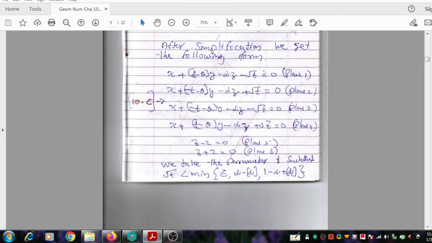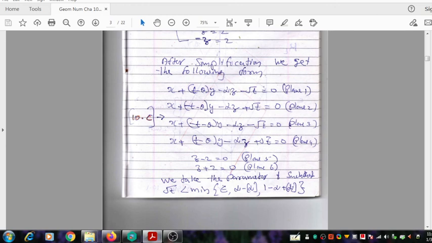So by putting z equal to 0 in all four equations here, you can obtain a reduced set of equations. From the first equation we get x plus (t minus theta) into y minus root t equal to 0, and the second equation is x plus (minus t minus theta) into y, then here this term cancels, plus root t equal to 0.